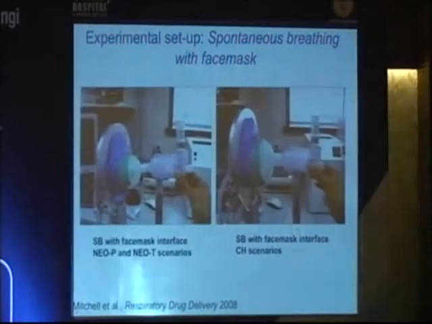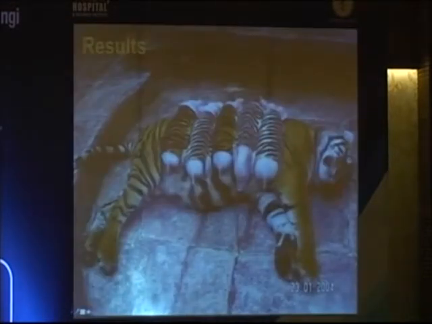And then we used a very realistic face model hooked up to the test lung. For the neonatal, we used a smaller infant face mask or upper airway model, and then a larger one for the small child model, and we evaluated medication delivery during spontaneous breathing.